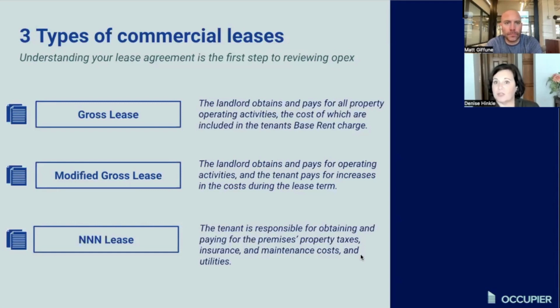In the modified gross lease, in my experience, the tenant pays a base rent charge plus a separate charge for, say, CAM or operating expenses or property taxes, where the landlord is allocating those back to the tenant. So the landlord's in control of procuring the expenses and then charging the tenant for their share.